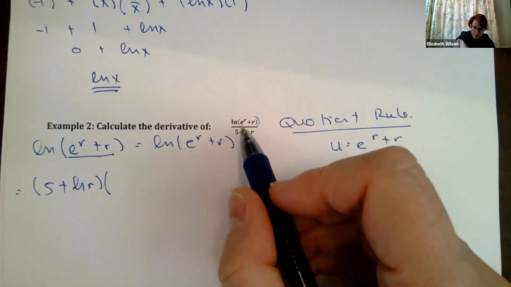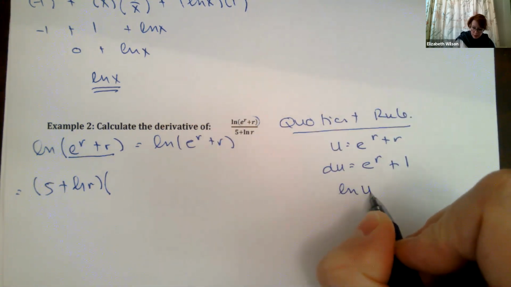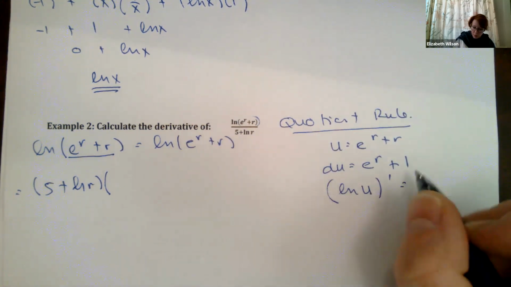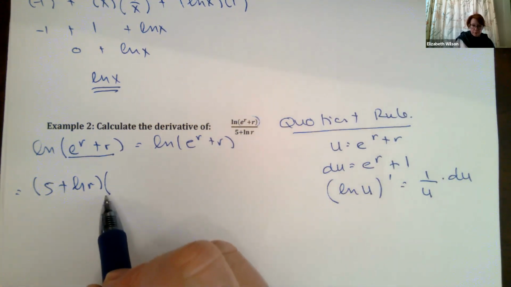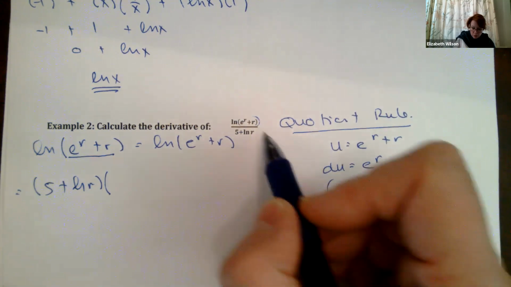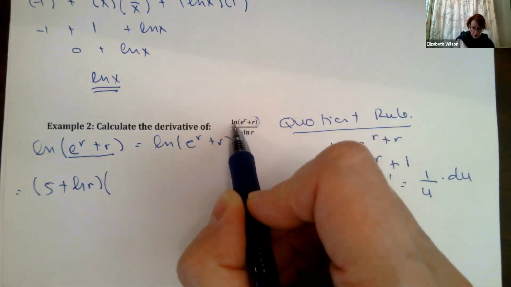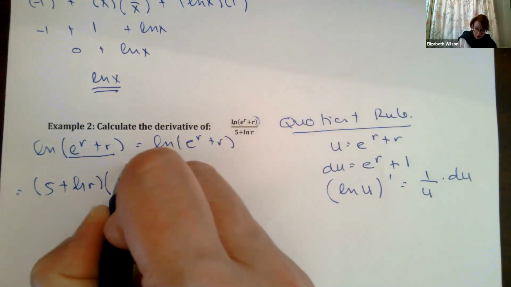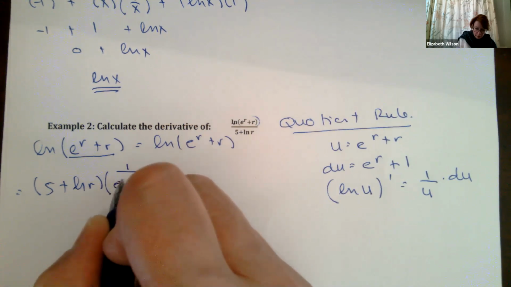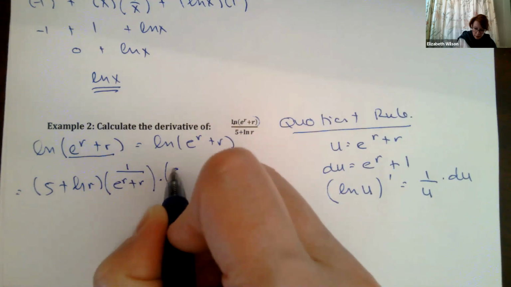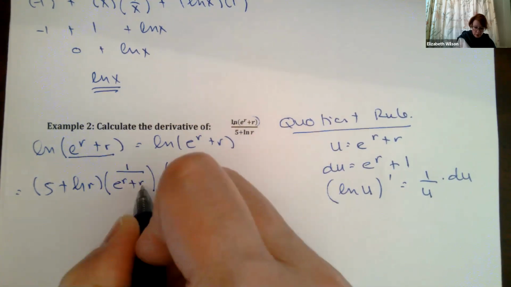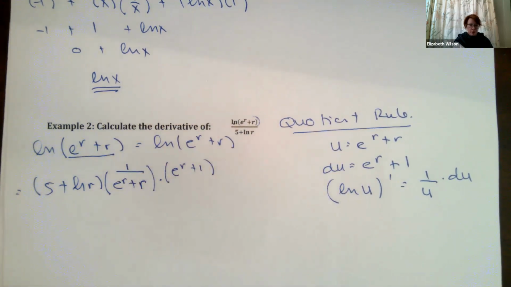So now when I take the natural log of u and I take that derivative, I'm going to go 1 over u times du. So the derivative of this one is going to be 1 over e to the r plus r, times du, which is e to the r plus 1.